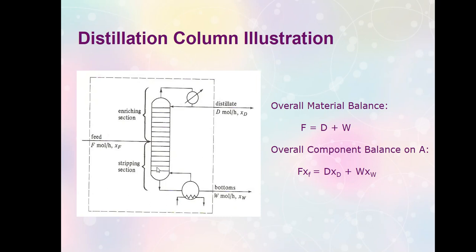Overall material balance would be F equals D plus W. Again, the component balance is patterned from the overall material balance, so we affix the appropriate representation of the mole fractions. Notice that all are x because everything now is in liquid. Though we have vapor going up here, it's being condensed and converted into liquid, so everything there is in liquid form. I'm referring to the concentrations that you are summing up.